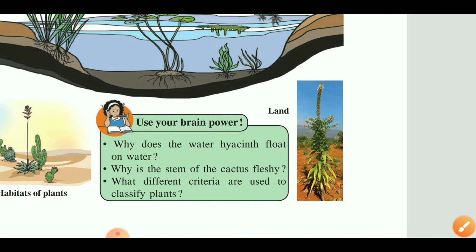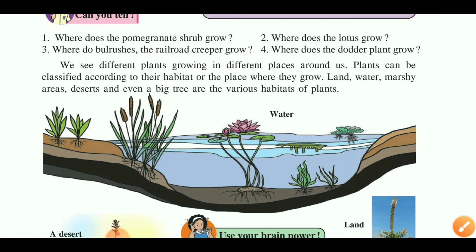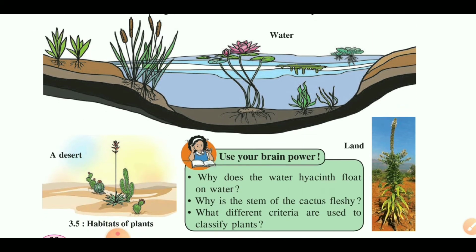Means if you check properly, plants have habitats on land, water, marshy areas, desert and even a big tree. Now you know land and water, but marshy areas. Marshy areas means like a lotus, also a marshy area plant, and marshy means just like mud.